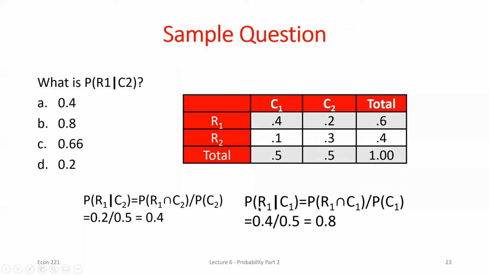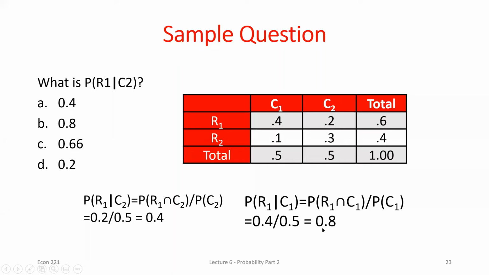I'm still looking at a conditional probability of R1, but I'm conditioning on something else. Well, I can rewrite that as the intersection divided by whatever I'm conditioning on. The intersection of R1 and C1 is 0.4, the probability of C1 is 0.5, and I can compute that conditional probability.